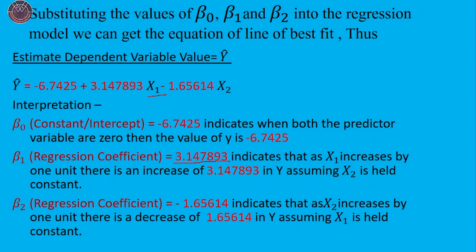There is a decrease in y because the coefficient beta 2 has a minus sign. So if x2 increases by 1, there will be a decrease of 1.65614 in y when x1 is kept constant.